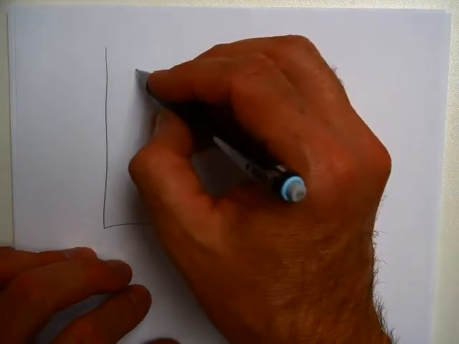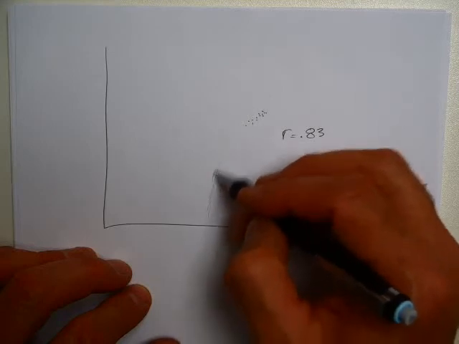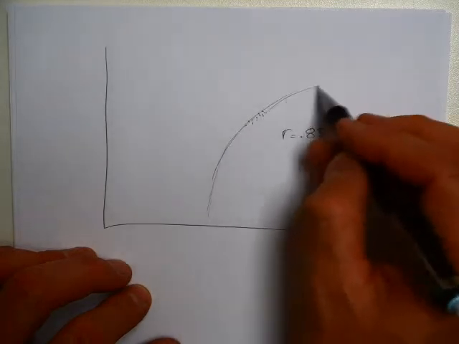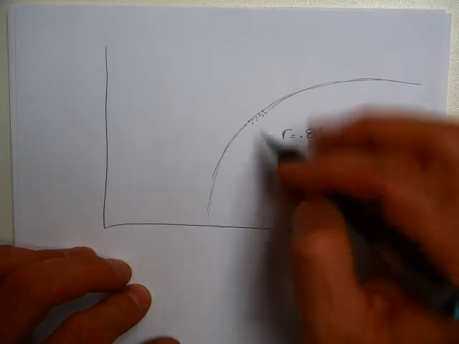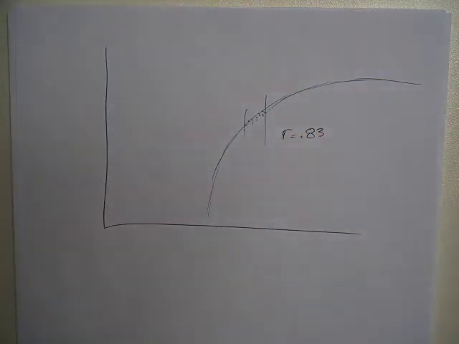Well, here's the reality. If I have data that fits on a curve, if you cut a small enough piece out of that curve, what does that small piece look like? It looks like a line, right? So on a very small section of a possible curve, it could look very linear.